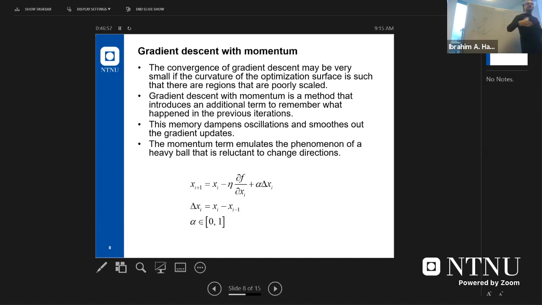It's like a memory. Without this momentum term, there is no memory in fact. In each step, we just use current values and we don't remember anything from the past. If you want some memory, I need to get this delta x. Delta x is the current x minus the previous one. So it's like the rate of change, like acceleration. We just need to memorize what happened in the previous step. If it was very high, I will get advantage from this high value.